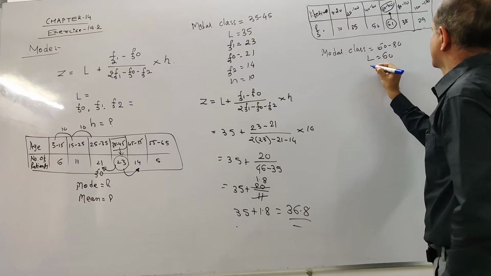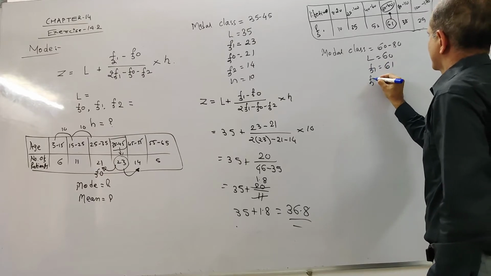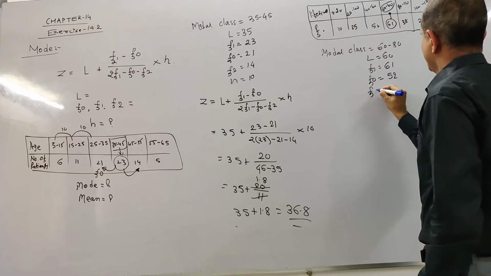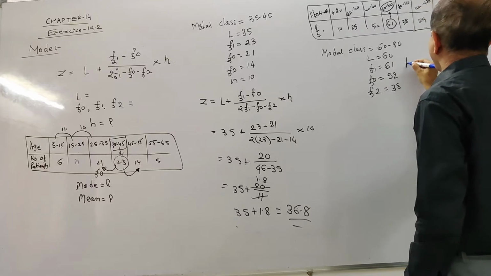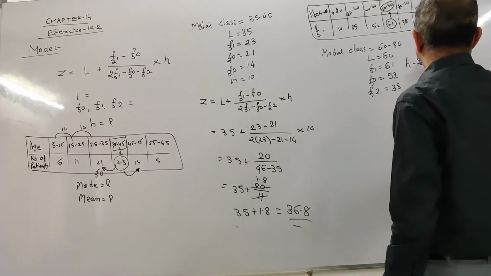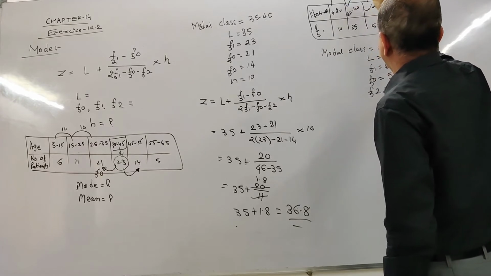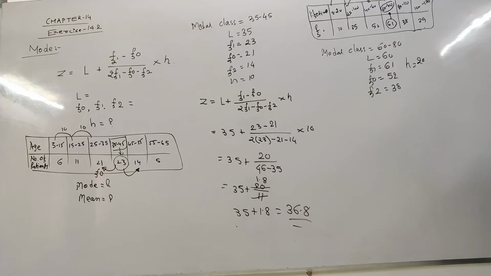The frequency against the modal class, F1, is equal to 61. Here you know F0 is equal to 52, F2 is equal to 38, and h is equal to 20. h means class length: 20 minus 0, 40 minus 20, 60 minus 40 is equal to 20.